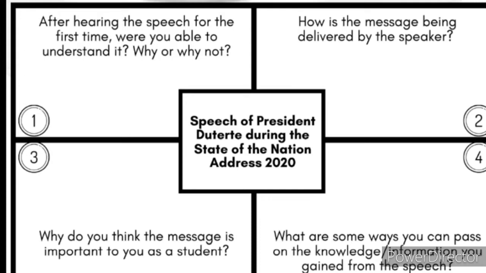Why or why not? Number 2, how is the message being delivered by the speaker? Number 3, why do you think the message is important to you as a student? Number 4, what are some ways you can pass on the knowledge or information you gain from the speech?